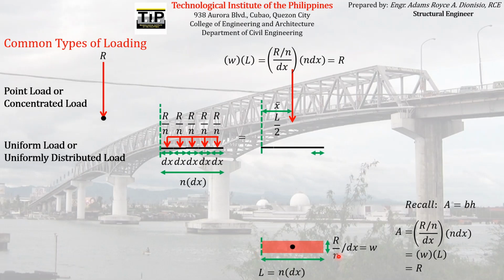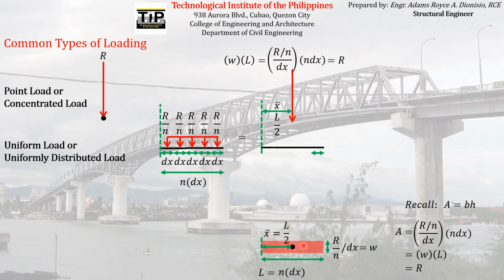So, kung ang length natin ay L, therefore, ang location ng centroid natin is kalahati ng L, which is L over 2. So, again, yung area nitong geometric shape na to, coming from the pressure diagram, ay equal dito. And yung centroid nitong geometric shape na to ay equal dito.